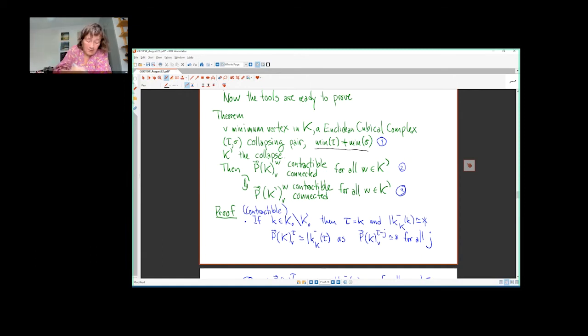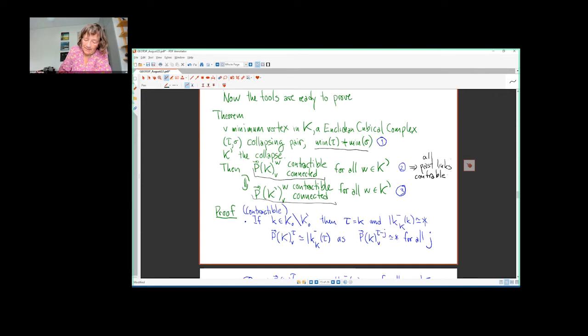So now I want to say that if I have this property of all the path spaces in K, then I can get this property of all the path spaces in K prime and vice versa. So the idea will be to say, to go one way, this implies that all past links, and just go with contractible, you can think connected if you want to, this implies all past links in K are contractible.